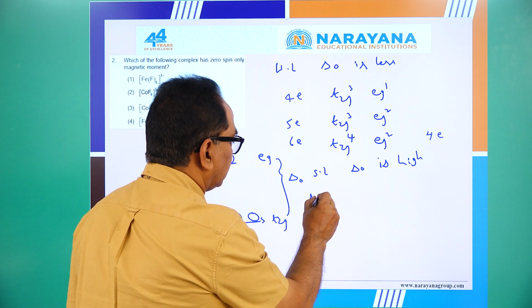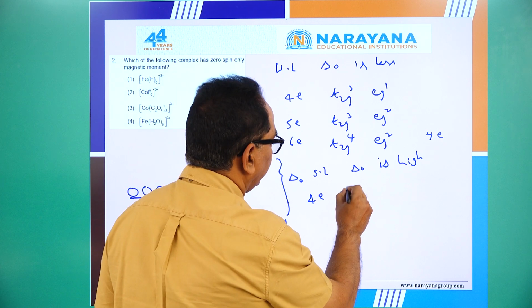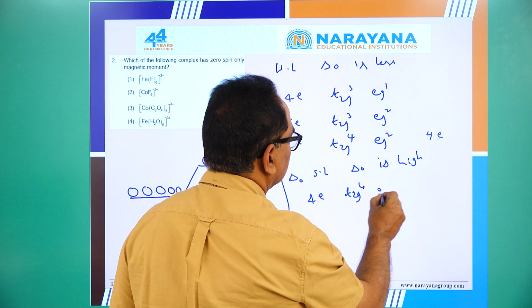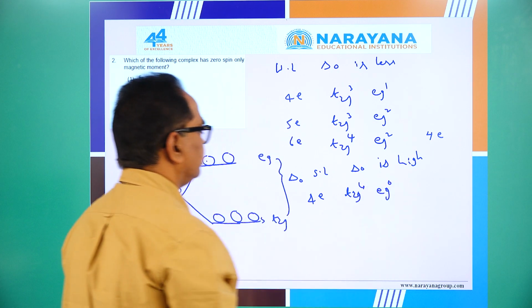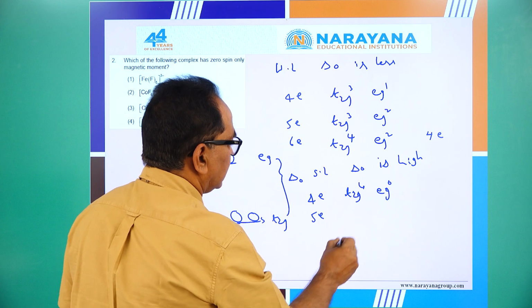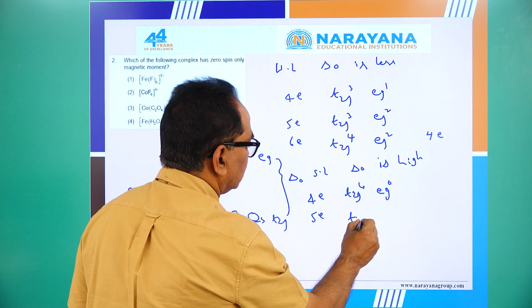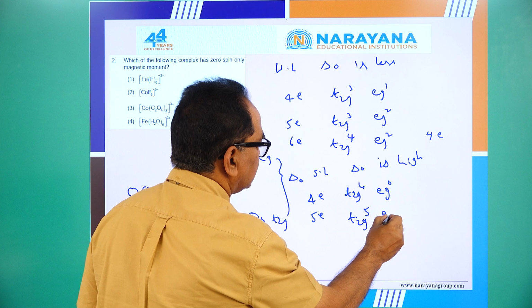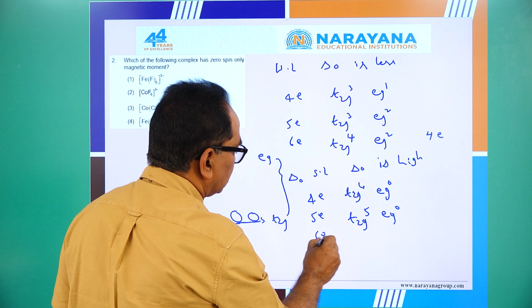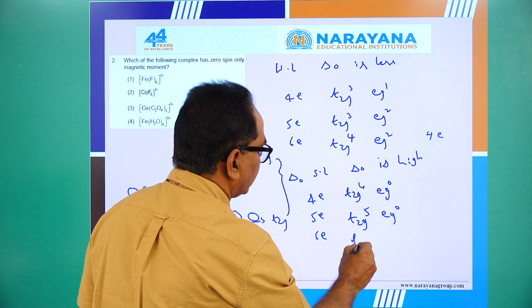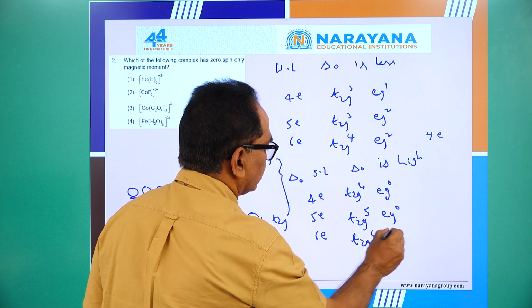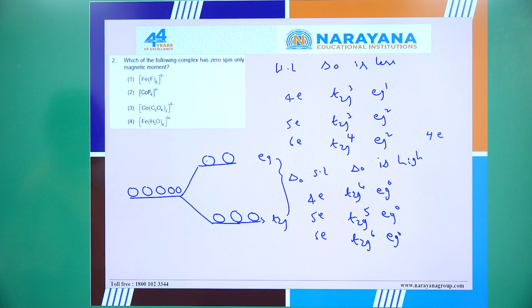So for 4 electrons, the configuration will be t2g4 eg0. Similarly, the fifth electron gives t2g5 eg0, and the sixth electron gives t2g6 eg0.